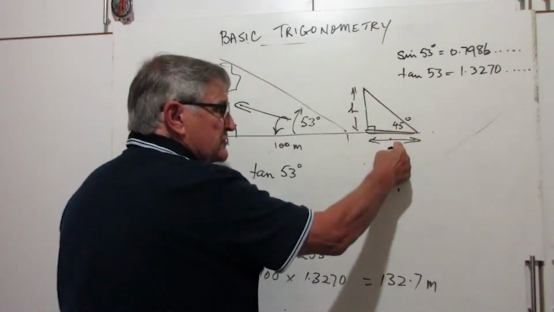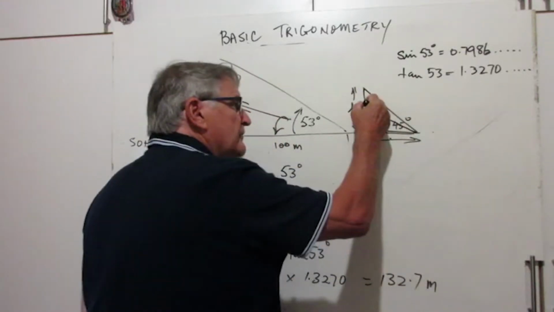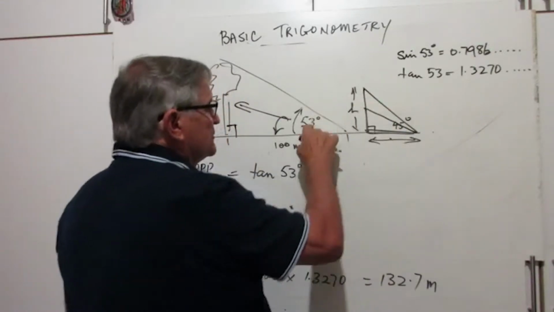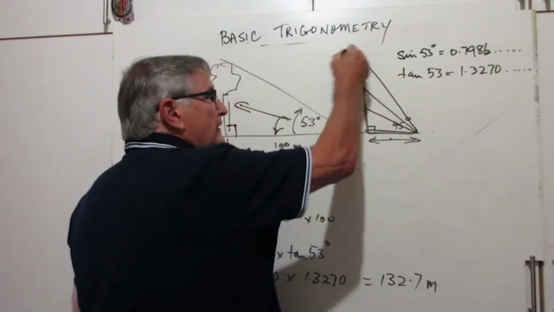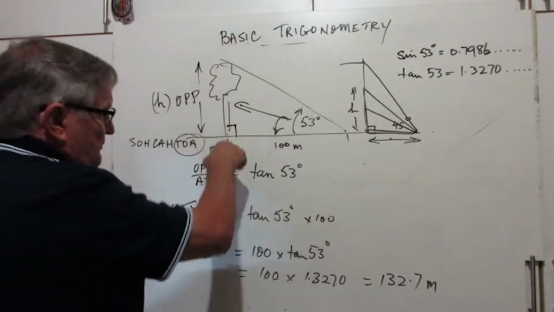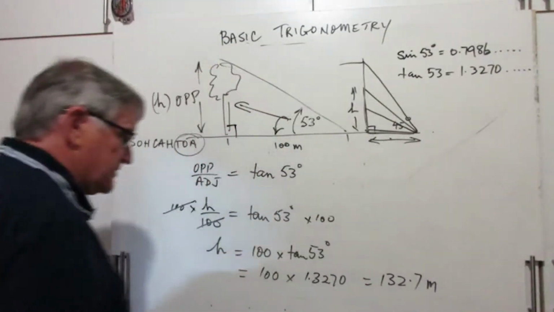So the two sides of the square would have been equal. If it was less than 45 degrees, my height would have been less than this distance here. But because it's 53 degrees, it's up here, and my height is greater than this distance. So we expect the tree to be taller than 100 metres, and it is 132.7 metres.